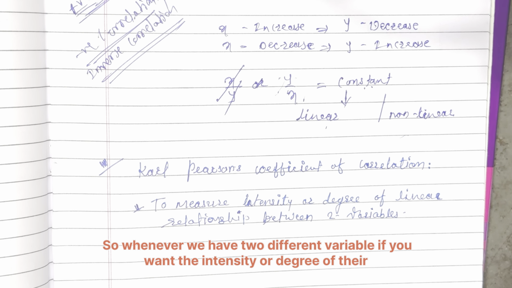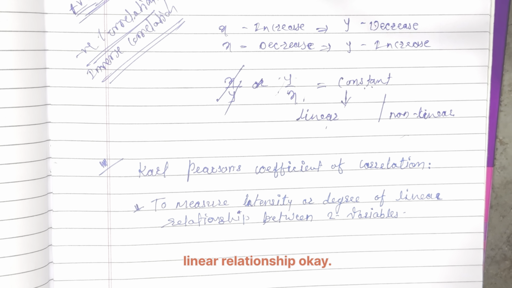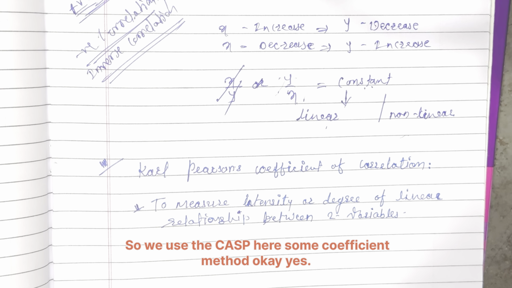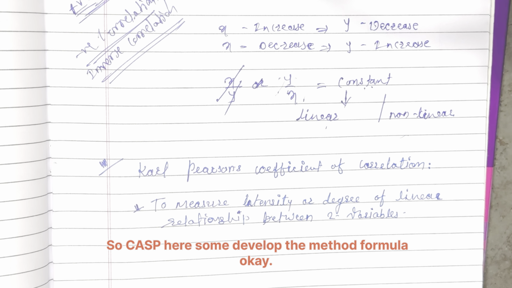The Pearson coefficient method says to measure the intensity or degree of a linear relationship between two variables. So whenever we have two different variables and we want the intensity or degree of their linear relationship, we use the Pearson coefficient method.